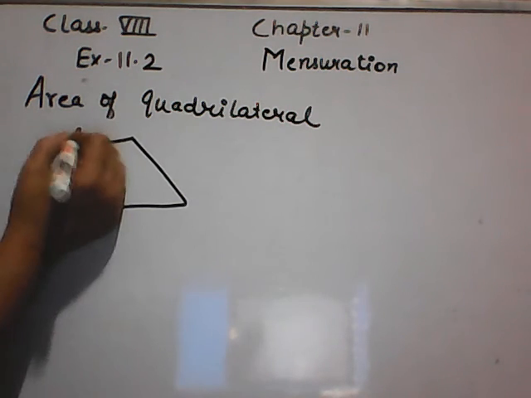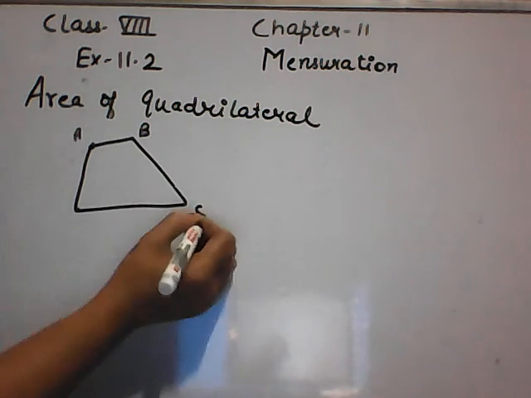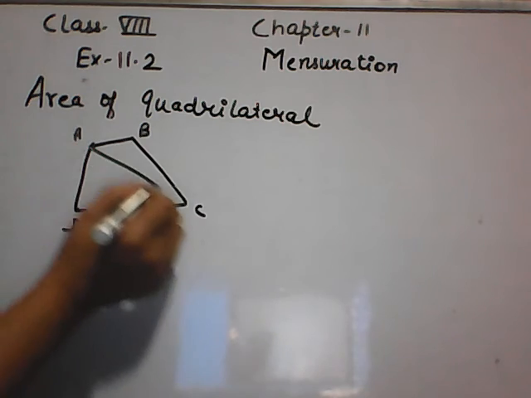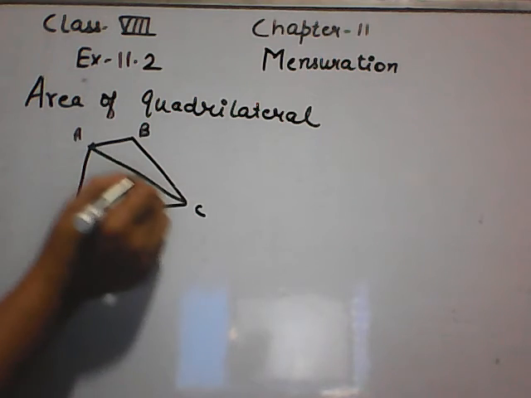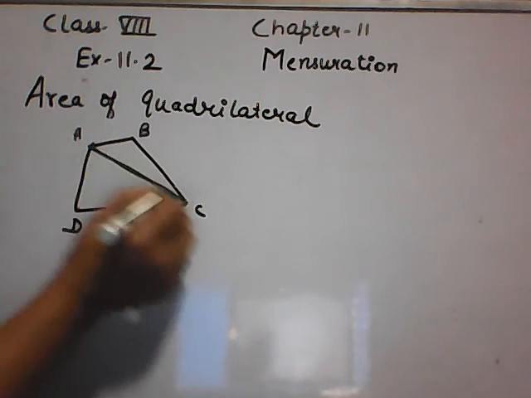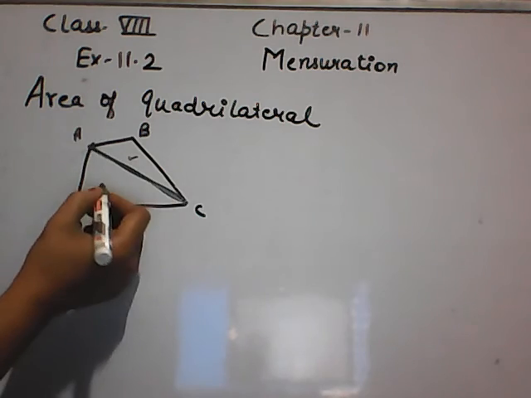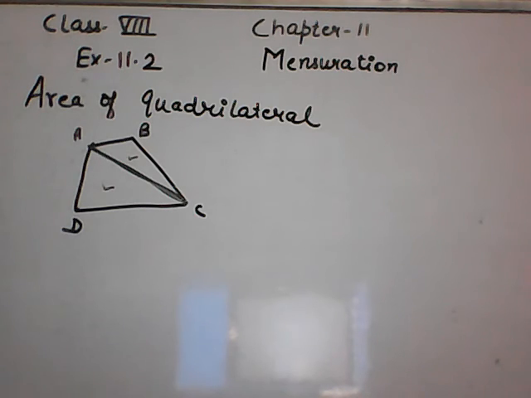Suppose it is A, B, C, D, and we join the diagonal AC. This diagonal divides the quadrilateral into two parts, one triangle and a second triangle: triangles ABC and ACD.